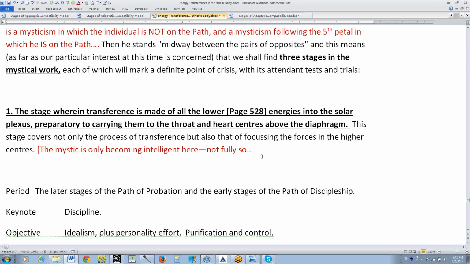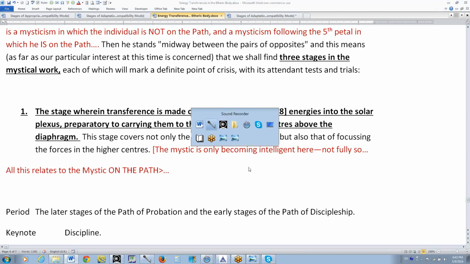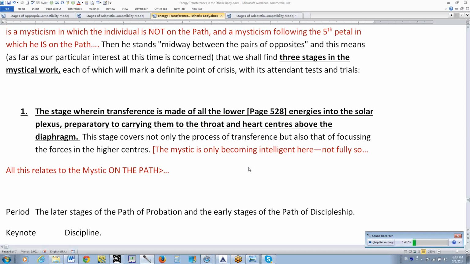Well, he certainly is becoming increasingly intelligent as there is focus within the throat and the heart center, but all this relates to the mystic on the path, and not just to a person who has longings for the higher self and is not ready really to do anything about it.